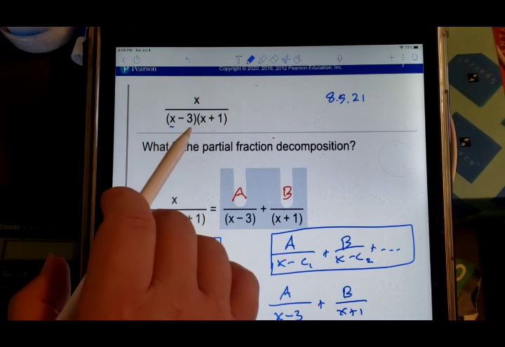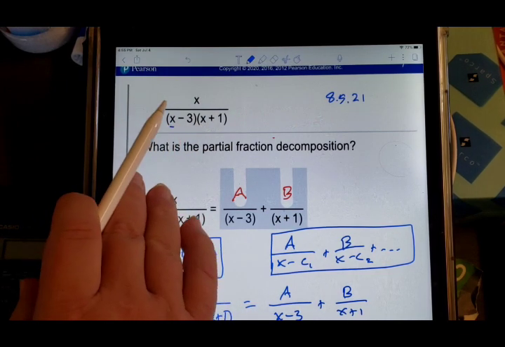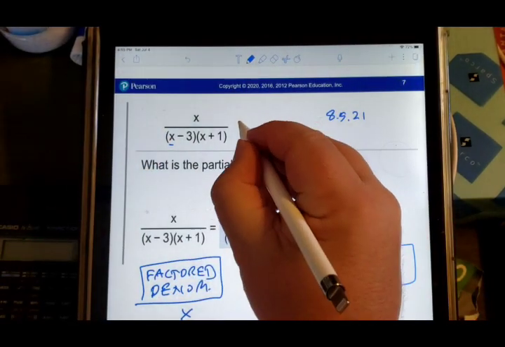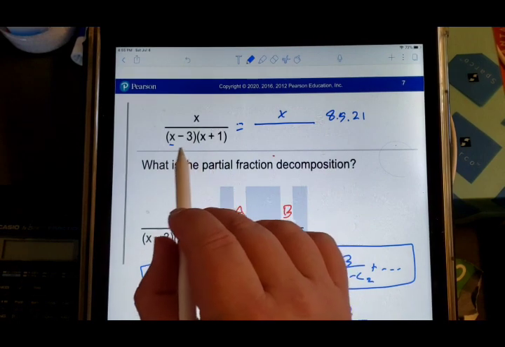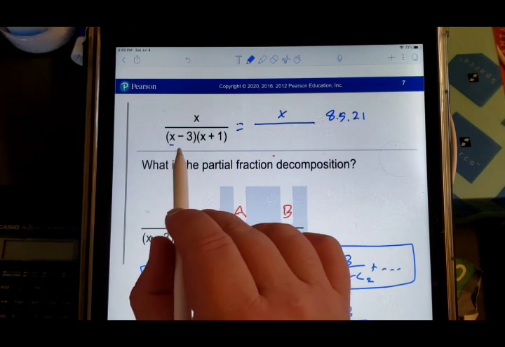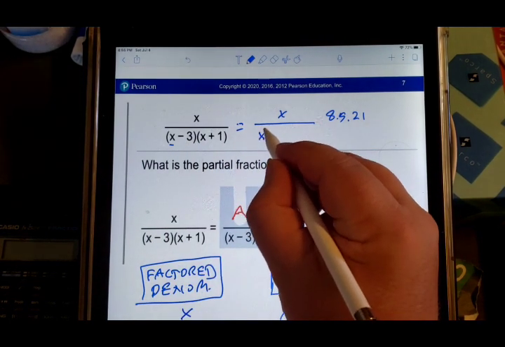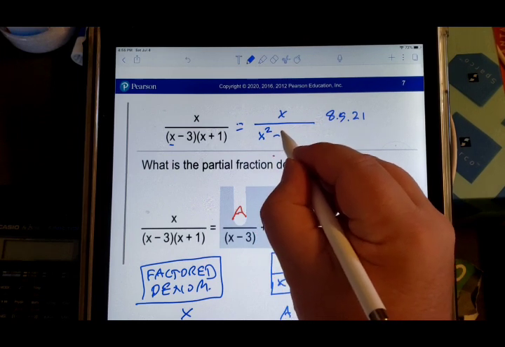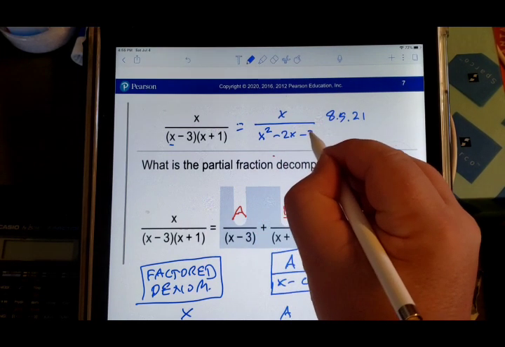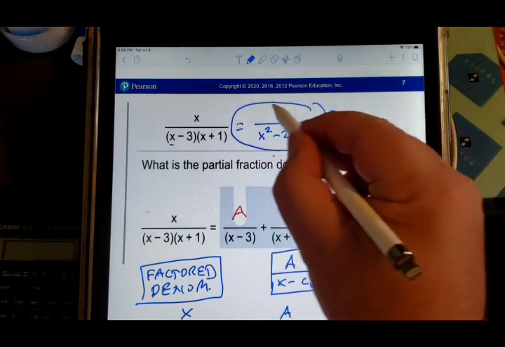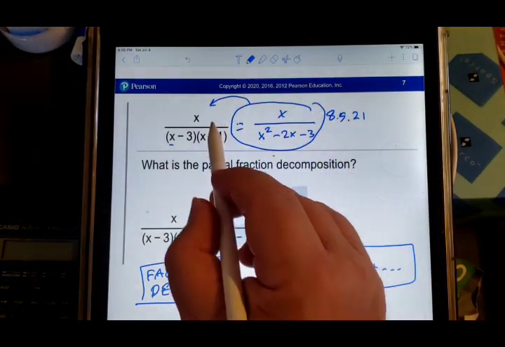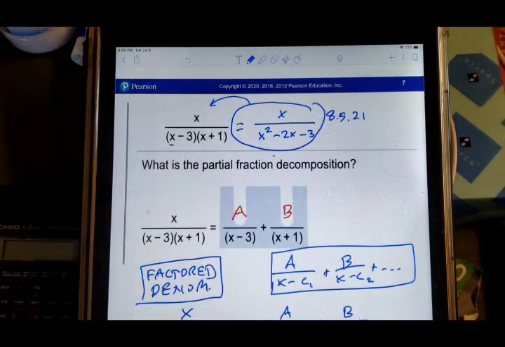Sometimes you'll be given the problem not factored. Now, most of our problems are factored, but if you're given one like this, your job is going to be to repackage it so the denominator is factored. All right.